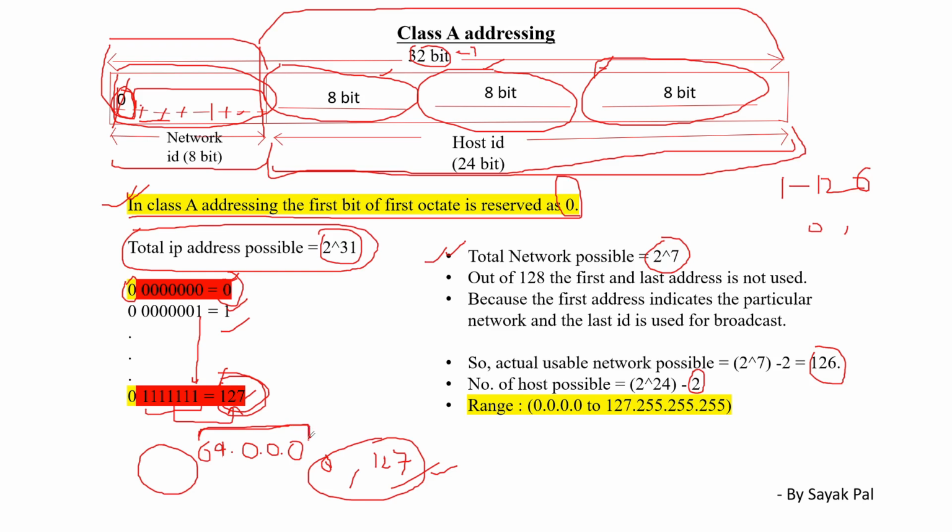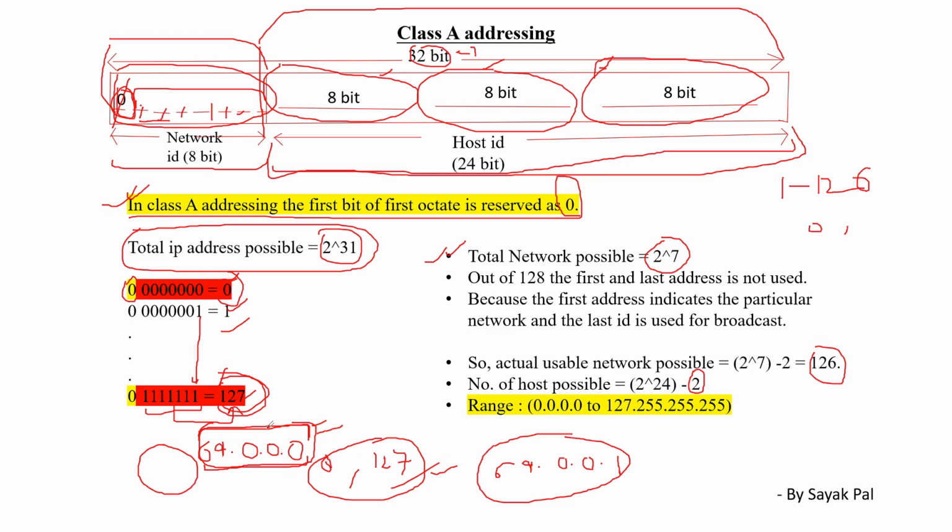This IP address is not given to any host, because it uniquely identifies a network, or an entire organization. Yes, you can give 64.0.0.1, but you cannot give this IP address to any host because it uniquely identifies the entire network or organization.